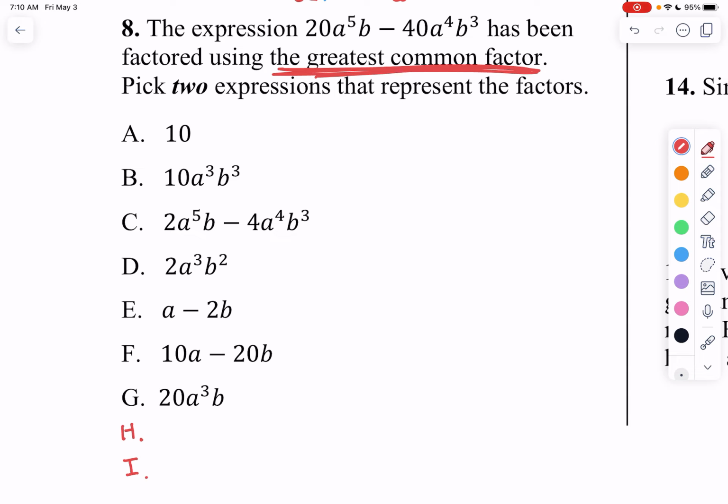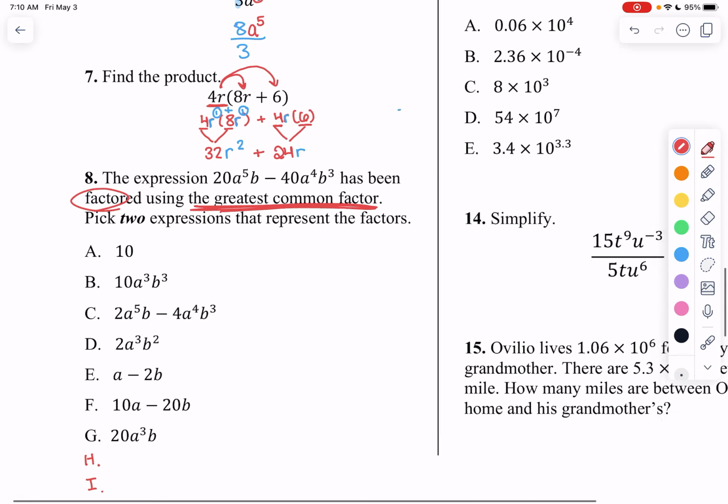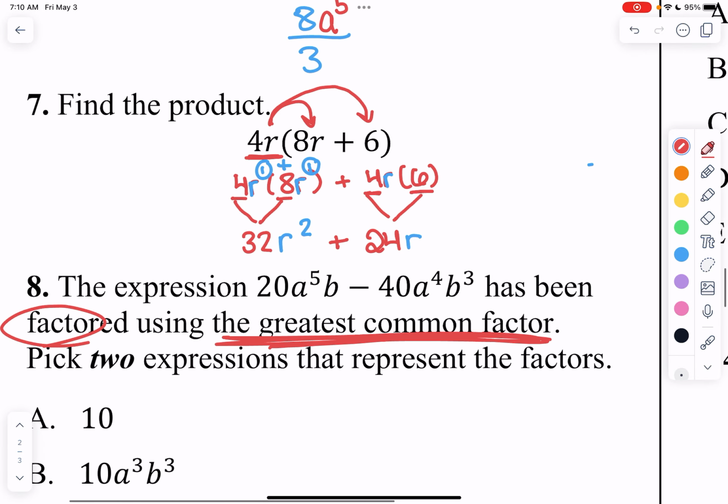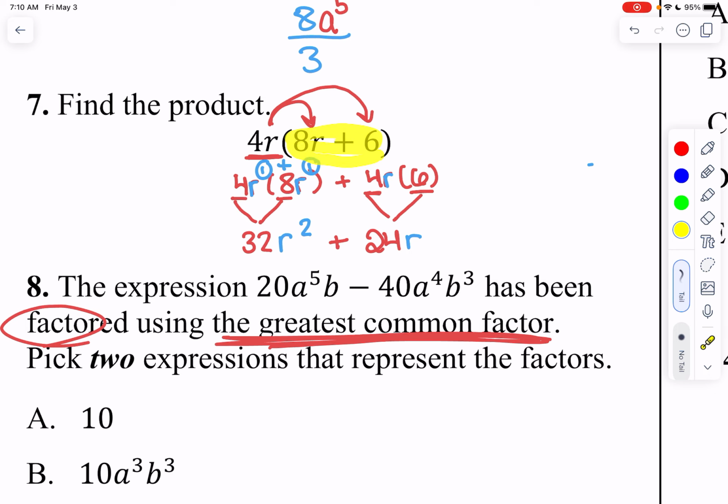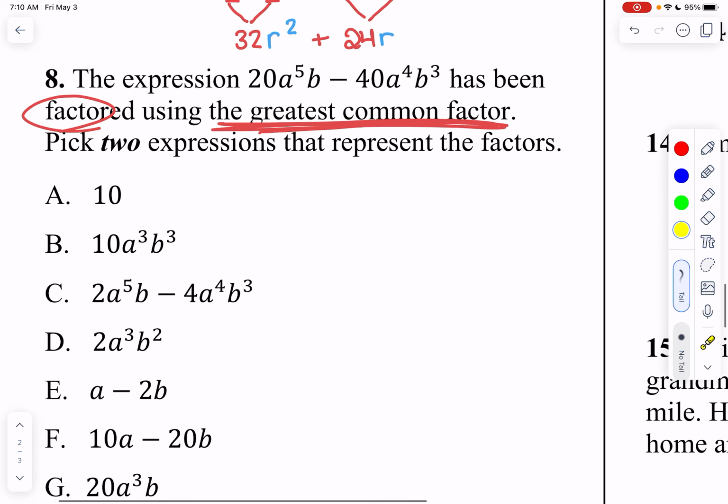Factoring is the opposite of distributive property, because 4r is a factor of 32r squared plus 24r that we can take out of both terms to leave us with two factors on the inside of our parentheses. So let's see what happened. We're doing the opposite of the distributive property.